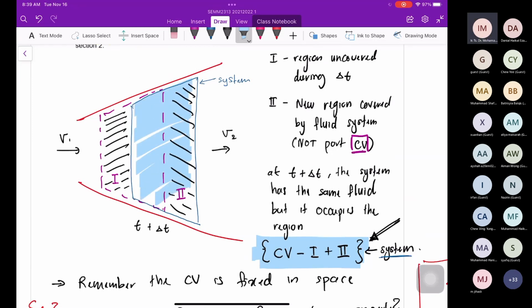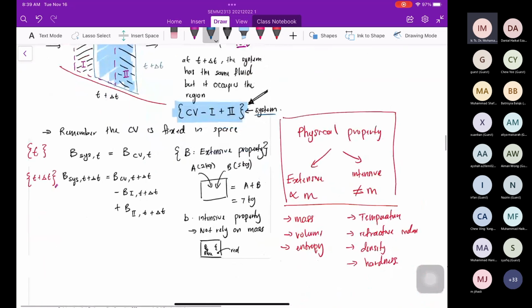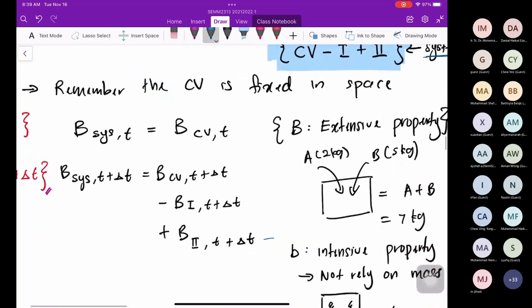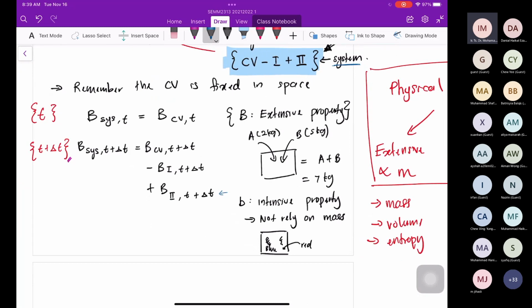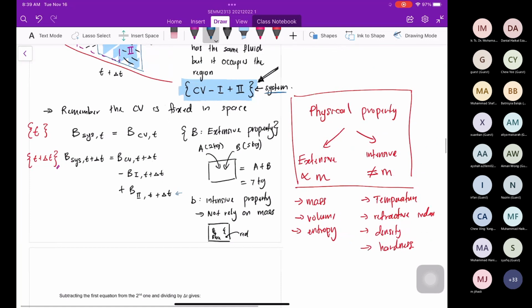The blue color now represents t plus delta t. This is how we get it. Any questions so far? Do you understand, class?